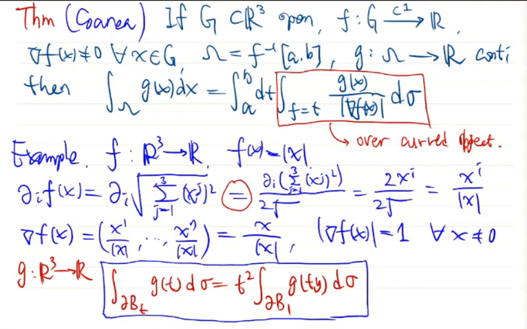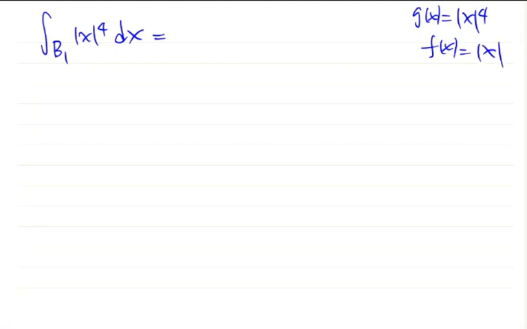Using this result, we can compute the following integral: the integral over the unit sphere of the norm of x to the power 4. This is by the coarea formula. In the coarea formula, we take g(x) to be the norm of x to the power 4, and f(x) to be the norm of x.